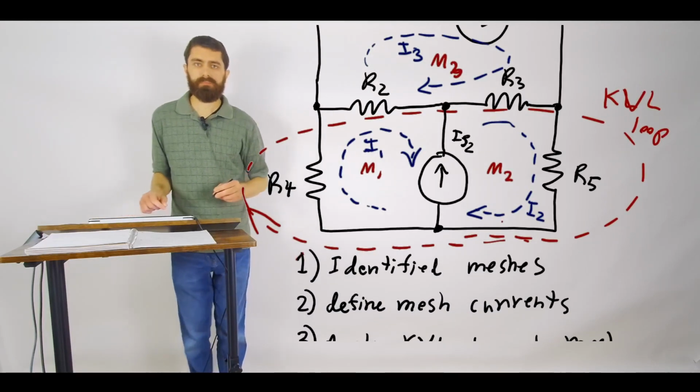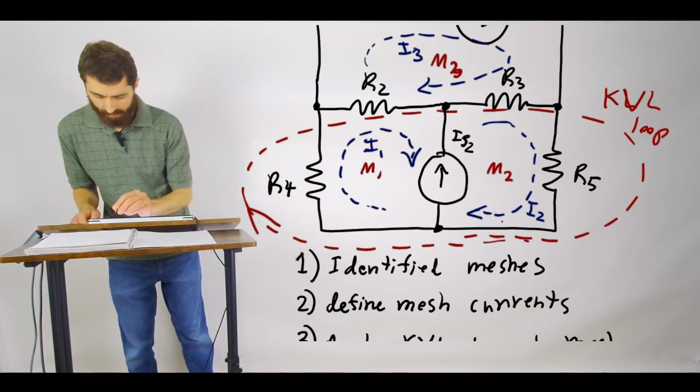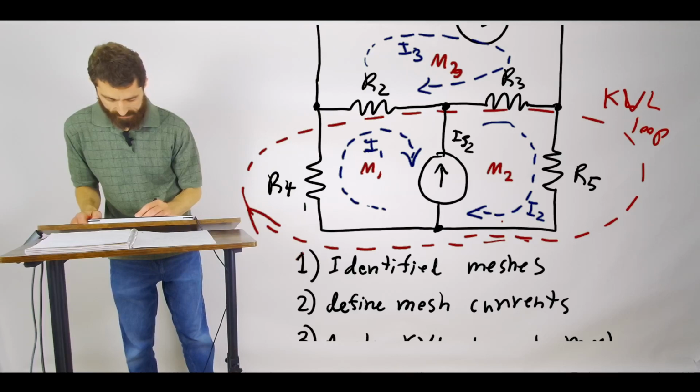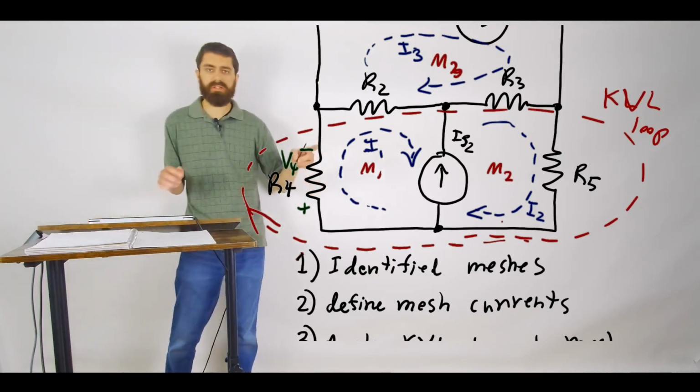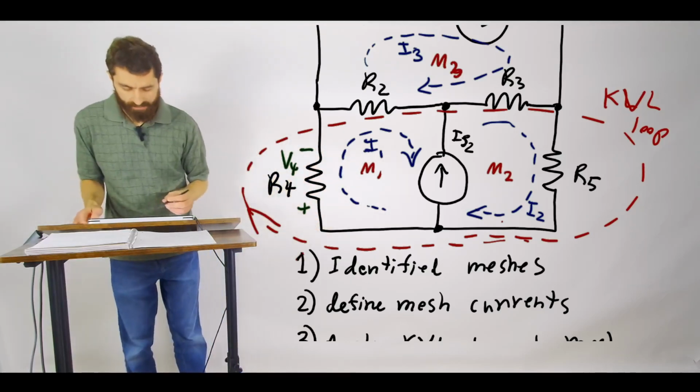All right, and let's go ahead and label our voltages here. Let's say this is plus or minus V4, and again, I could have put the plus on top. I put it on bottom, it doesn't matter. It'll work out in our math.